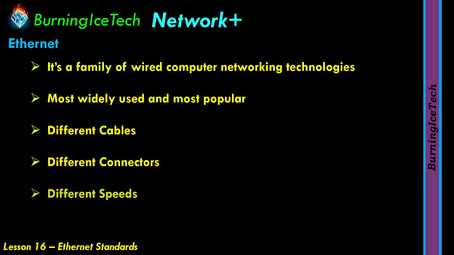Each cable has a different speed, some are slow, some are fast. Each cable type also has a maximum distance it can go before the signal on that cable needs a bit of a boost, as you can imagine. Basically a repeater of some kind will be required. So you're going to either have to plug that cable into some sort of repeater or a switch of some kind. The signal obviously gets weaker and weaker after a certain distance.